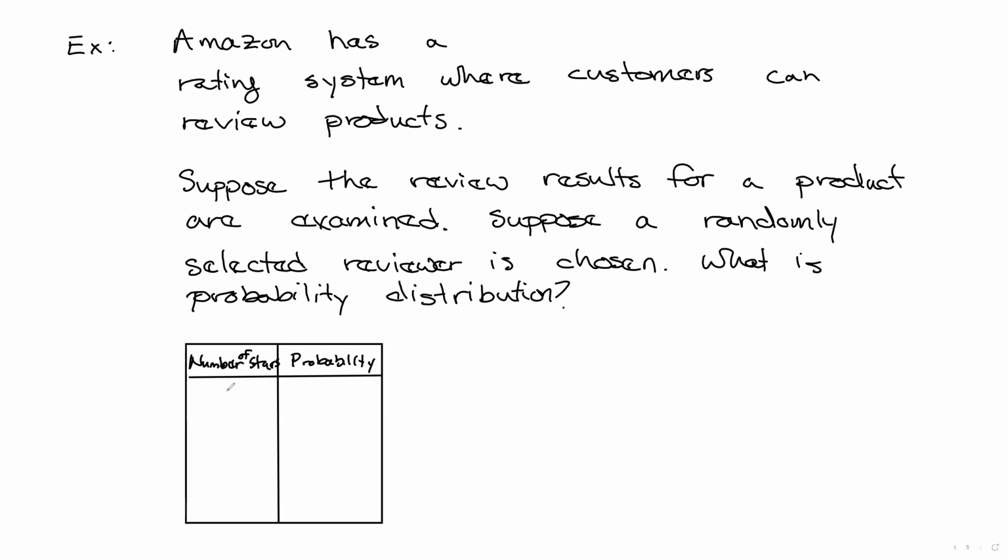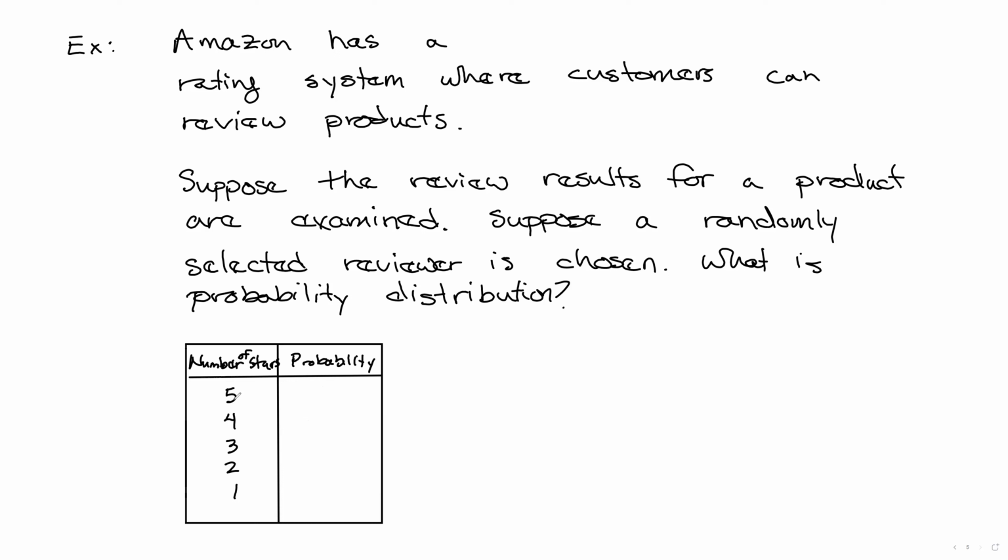But the idea is that you could have 5 stars, 4 stars, 3 stars, 2 stars, and 1 star. The way to calculate the probability here, if you had the actual data, is you count up the number of 5 stars and divide by the total number of reviews. So you count how many 5 stars there are over how many total reviews there are, and that's going to be the probability of getting a 5 star.